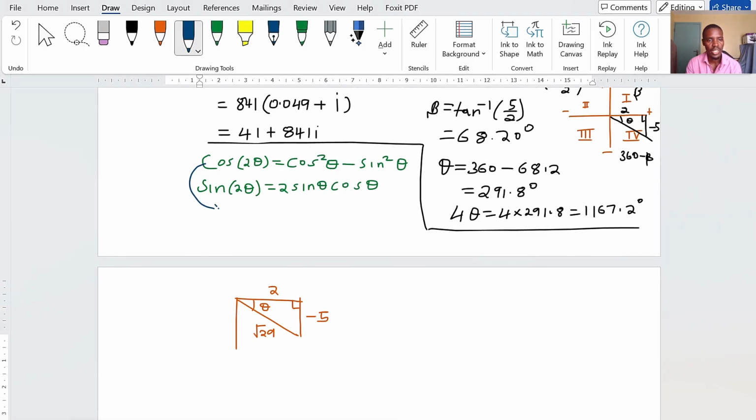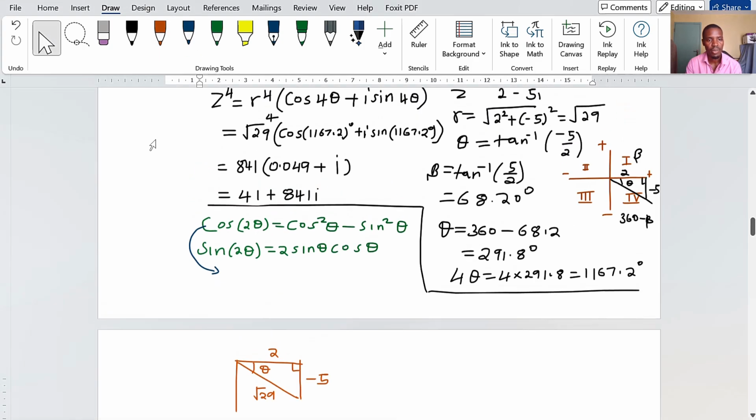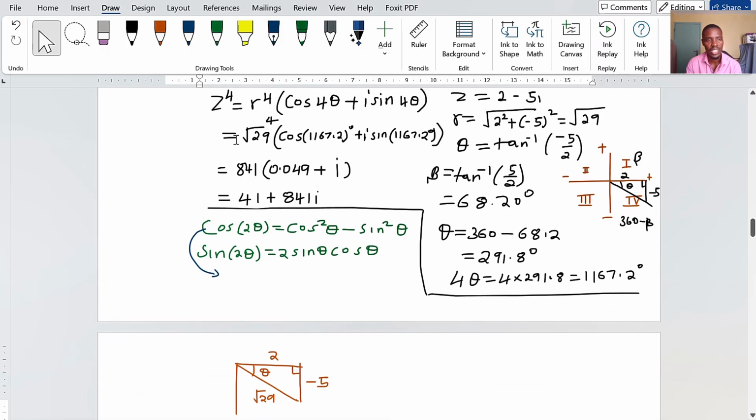This is cos 2 theta, but from de Moivre's theorem, we have cos 4 theta. So we expect cos 4 theta, following the identity, to be cos squared 2 theta minus sine squared 2 theta. For cos 4 theta, we simply have the same, but now our theta changes to 2 theta because this is twice of this.